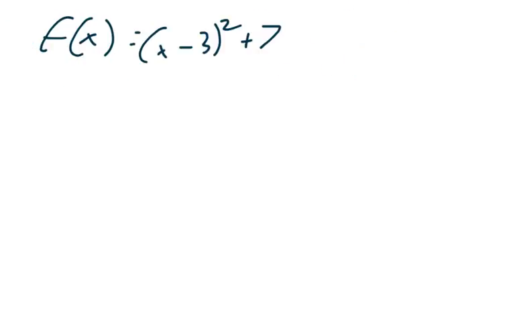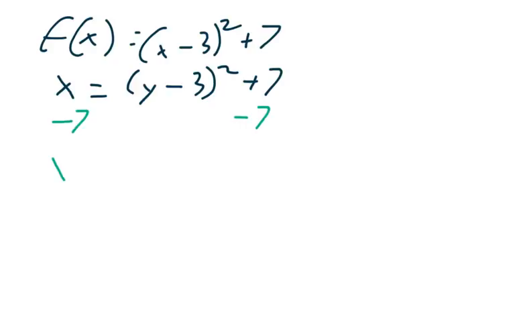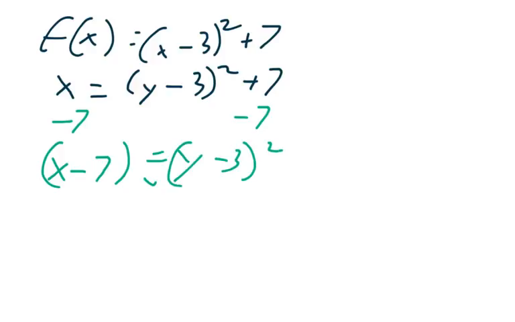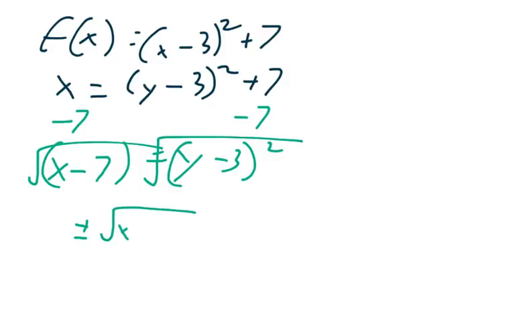For this problem, we're trying to find the inverse. We switch x and y, and then we try to solve for y. So I subtract 7, and then I'm going to take the square root. And remember, when you take the square root of both sides, you want to have plus or minus the square root of x minus 7 equals y minus 3.